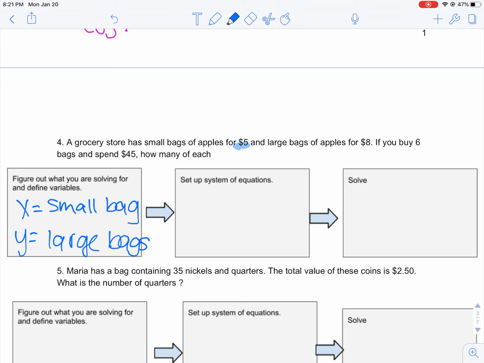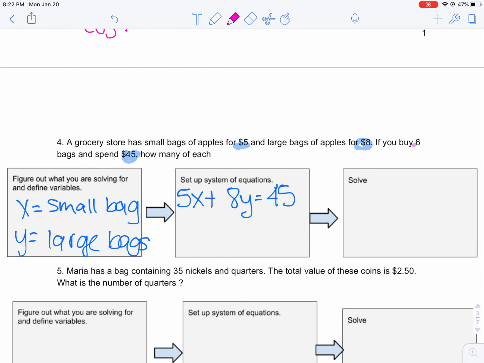So if I highlight everything that deals with money, we had $5 for small, 8 for large, and we had a total of 45. So we have 5X, because a bag of apples is $5, plus 8Y, because that's how much a large bag was, and it totaled $45.